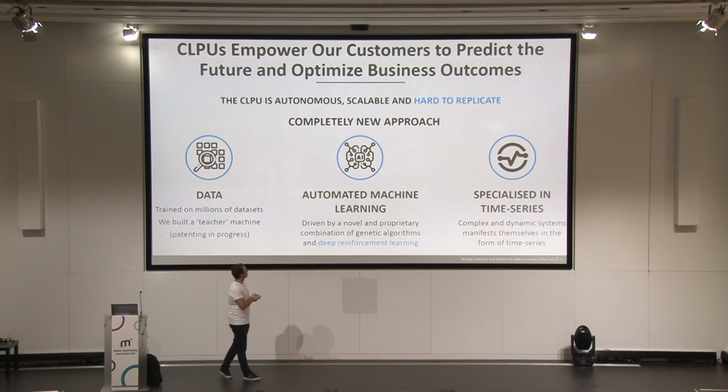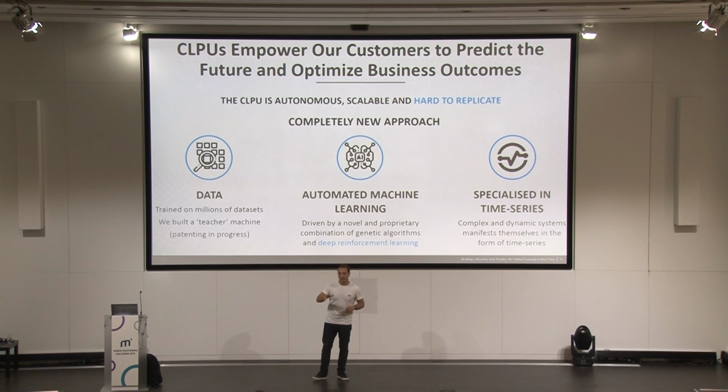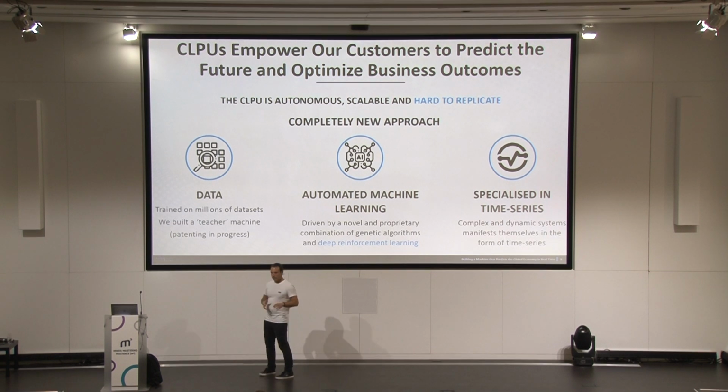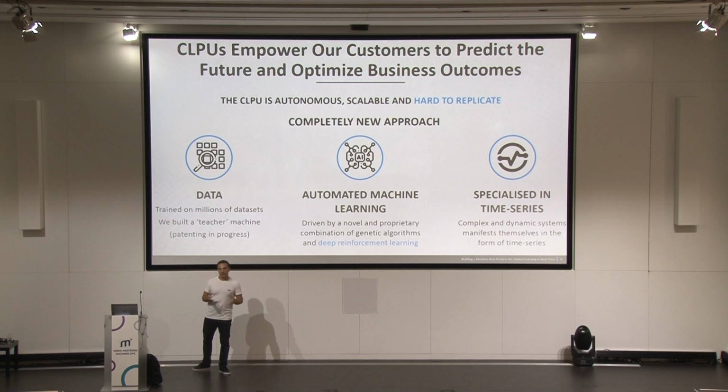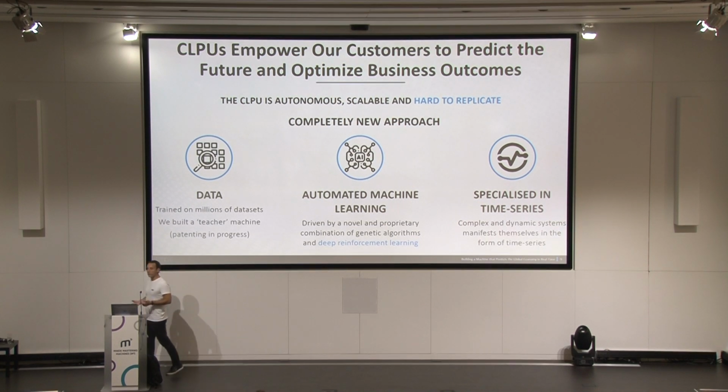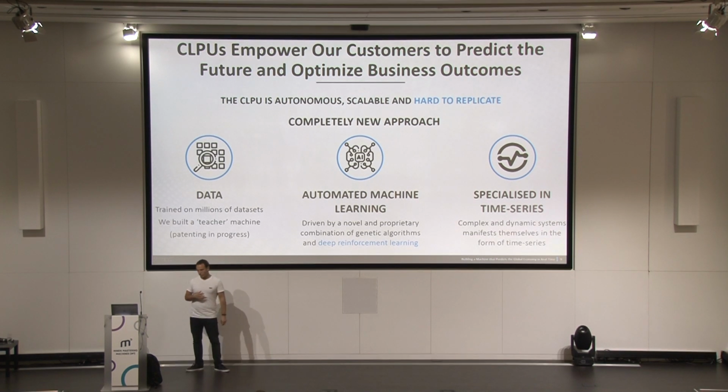So it's not just discovering the optimal algorithm and the optimal parameters, but it's actually discovering the optimal way of cleaning the data, the optimal way of extracting features from the data, the optimal way of selecting features from the data, the optimal algorithm, and the optimal parameters, and then the optimal way of choosing what is a good model. That's what we mean by automated machine learning, but it's a totally new approach.